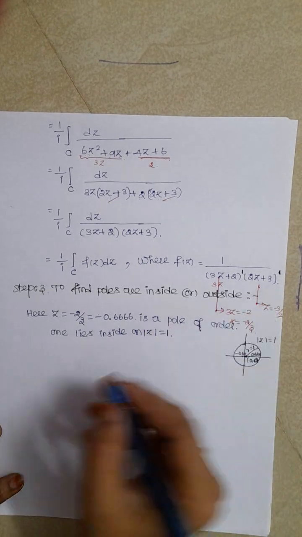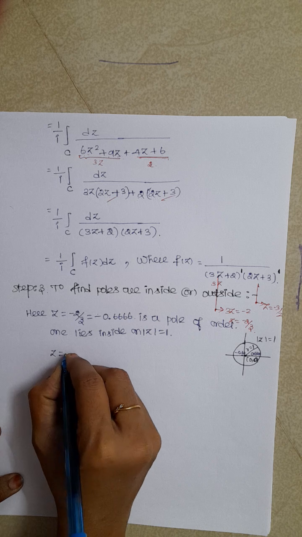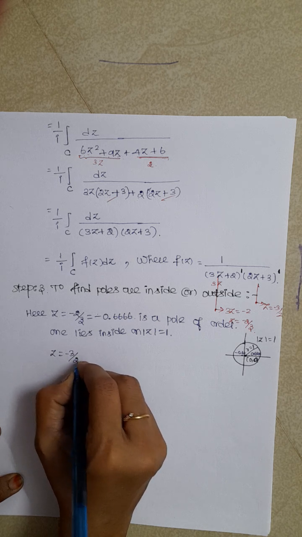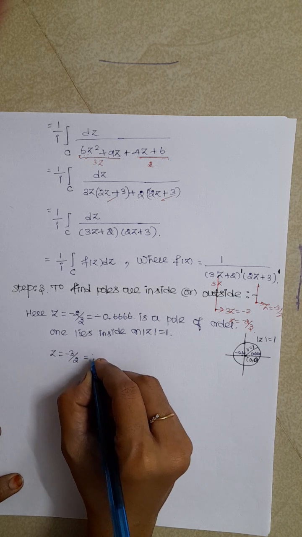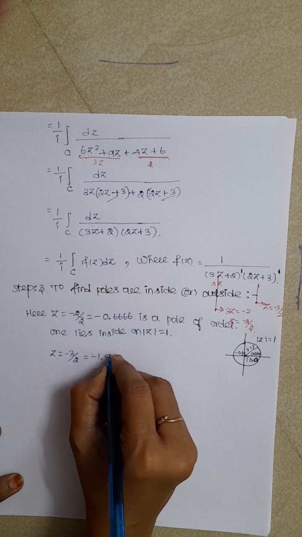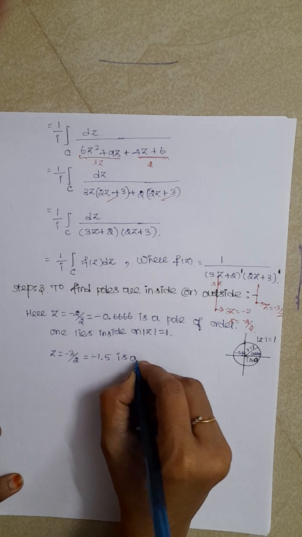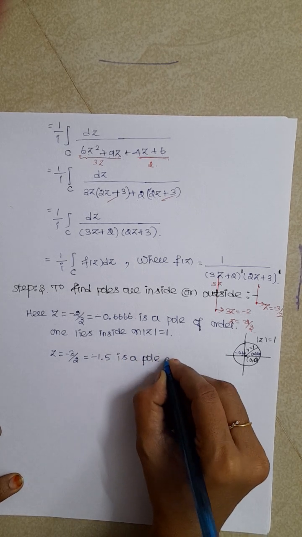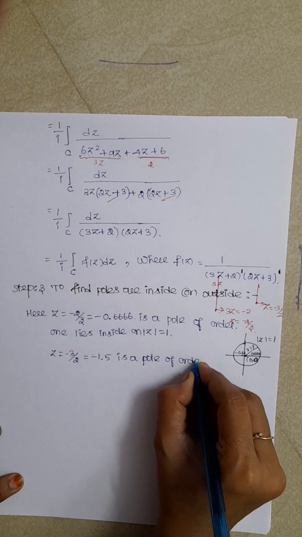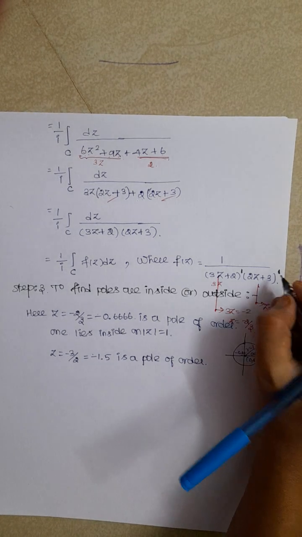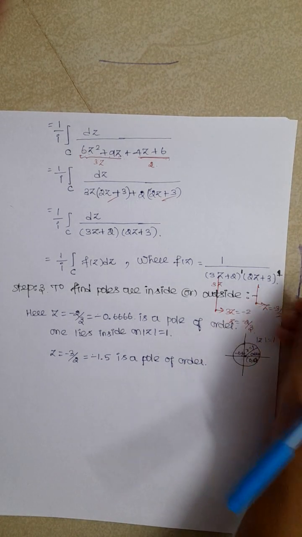So next you can write the next pole, z equal to minus 3 by 2. This value is minus 1.5, a pole of order 1.